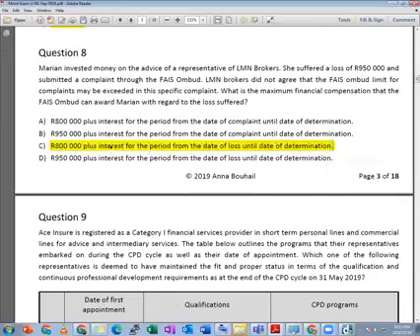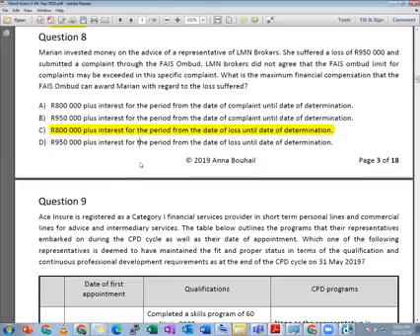So they won't only pay your interest from when you started complaining, because let's say your complaint with the FSP took 12 months to resolve, and you saw that it wasn't resolved, and you only go there, your investment still has the interest, so they still have to pay you the interest from the day that you lost the money, only if the ombudsman says the final decision is that the FSP must pay.